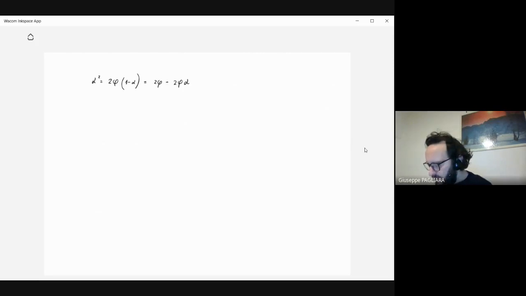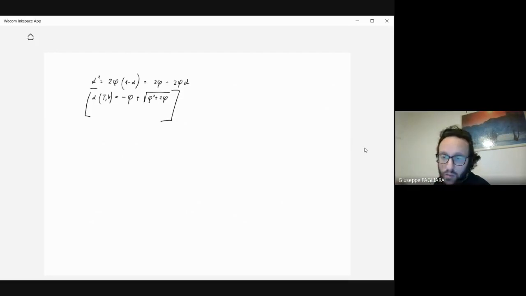Now you can solve this second order equation and obtain that alpha, which is itself a function of temperature and volume, is equal to minus phi plus the square root of phi squared plus 2 phi.